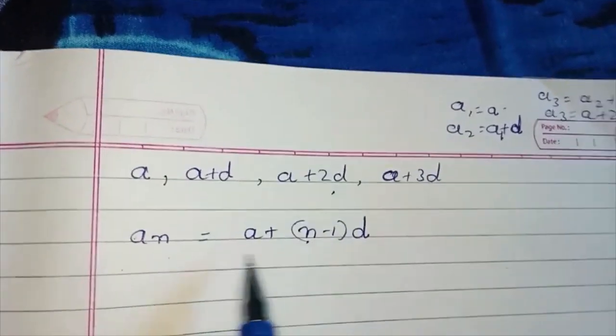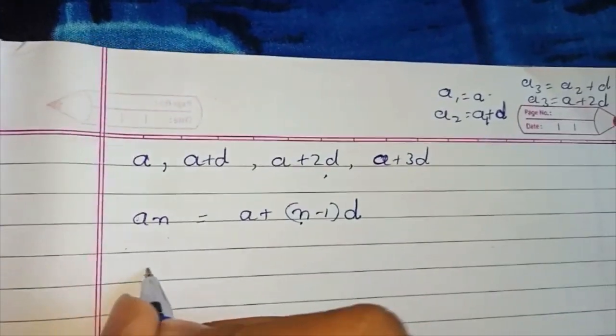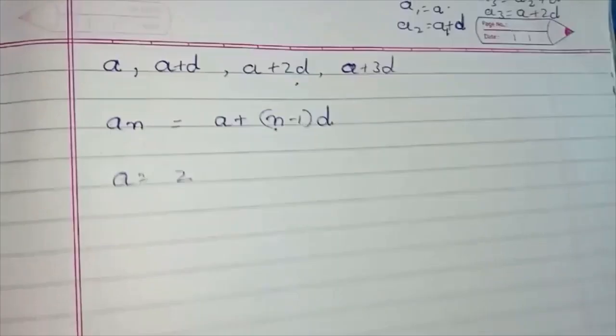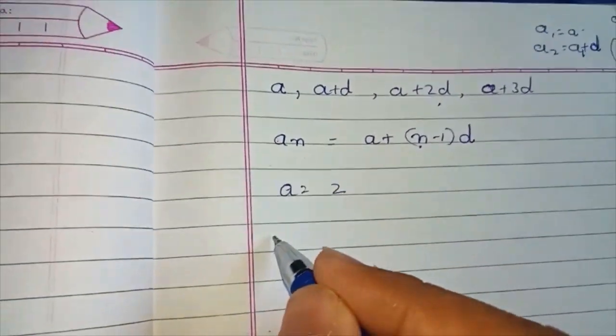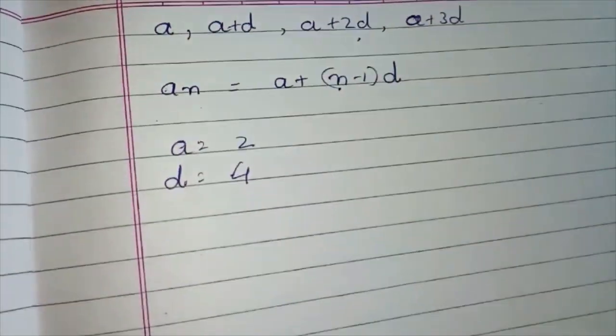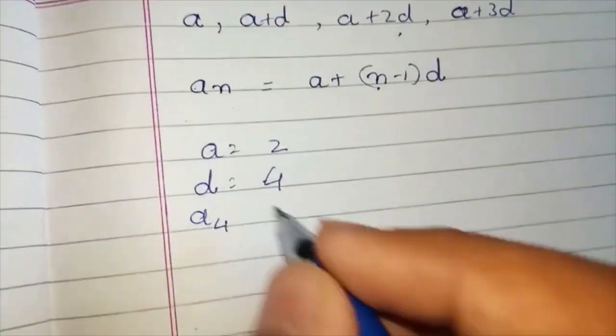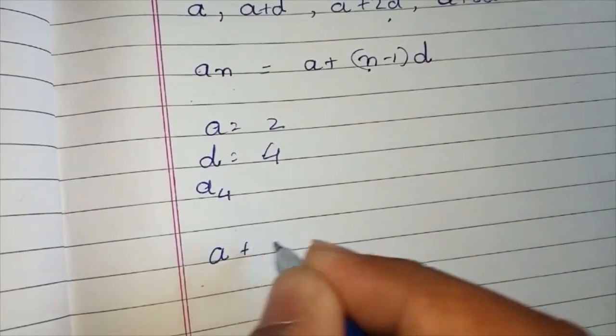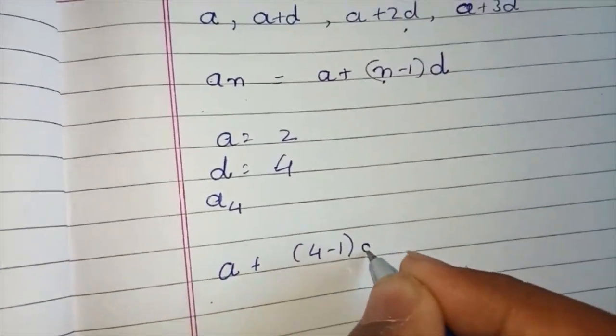For example, if the first term is 2 and the common difference is 4, and we are asked to find the fourth term, then we will find a plus (4 minus 1)d.